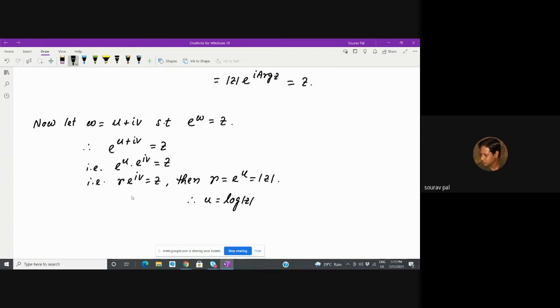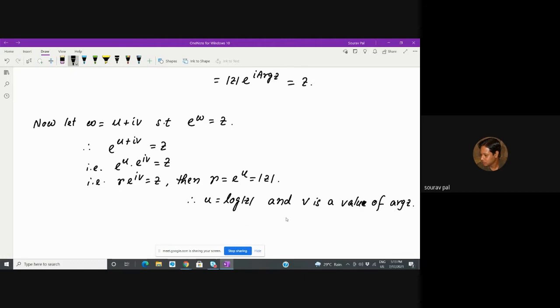And what is v? V is a value of arg z, definitely, because this is the polar representation. It has to be a value. So if v is one of the values of arg z, how does v look?